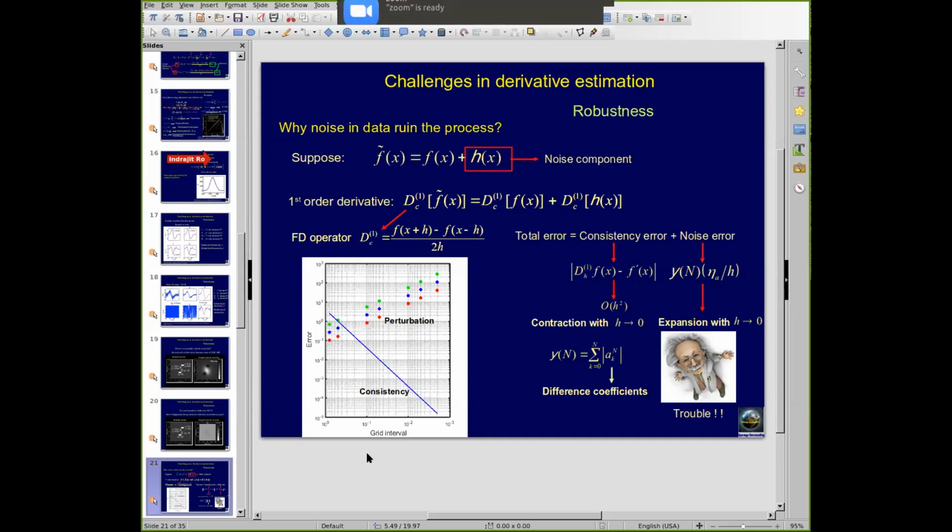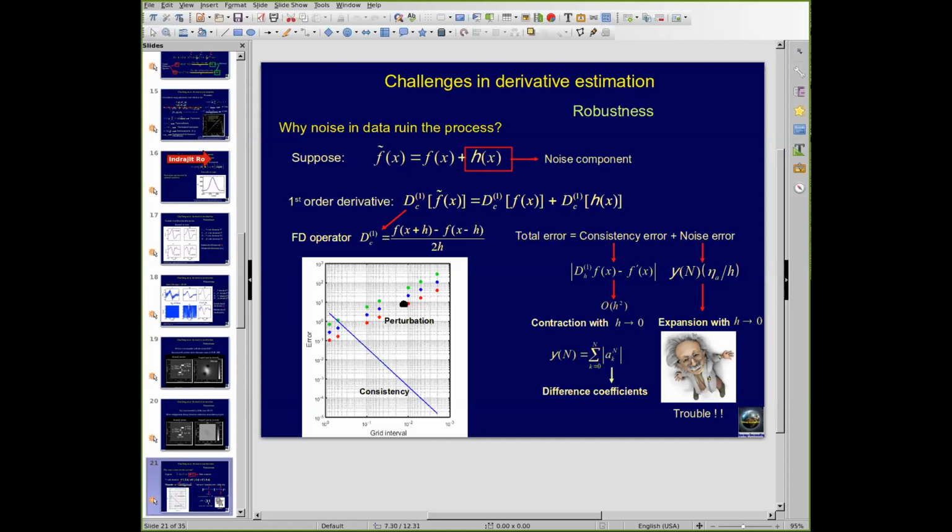If you see this figure here, the consistency error is falling as we lower the grid interval. As long as the grid interval goes smaller and smaller, the consistency error, or accuracy, is improving. But the perturbation error is going up.